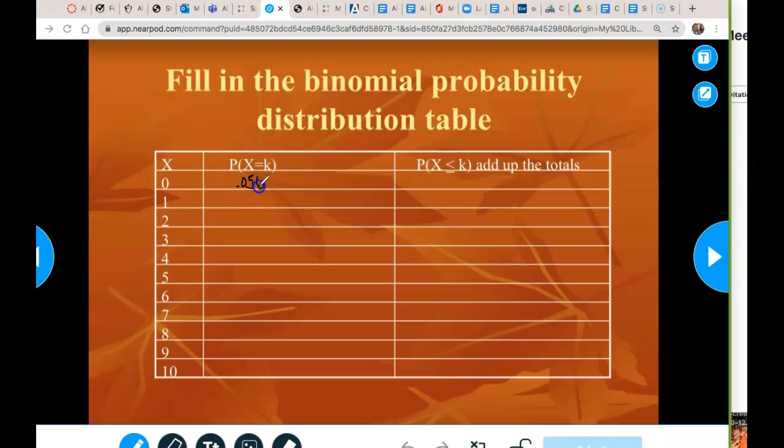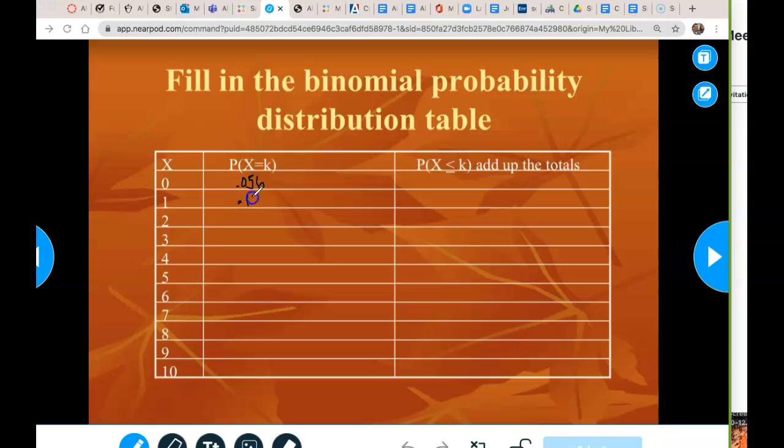Usually we go out 3 or 4 decimal places with this because it's a proportion probability. Find the probability of getting 1 question right. We just did that. I think it was 0.187.